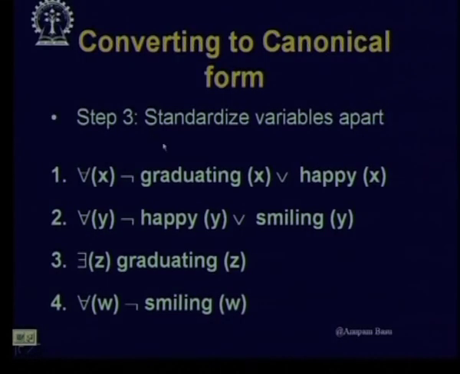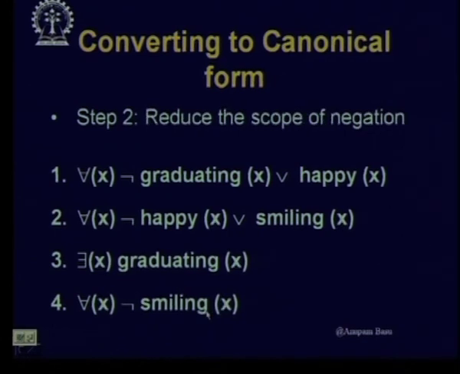Unification is the process of finding a particular substitution of variables such that two different clauses become identical. Okay. So that unification we will have to do anyway. Here you see we have selected y, smiling y. Here again we have introduced another one, that is z, and for all w, smiling w. So here you see we have made a change again. All right.